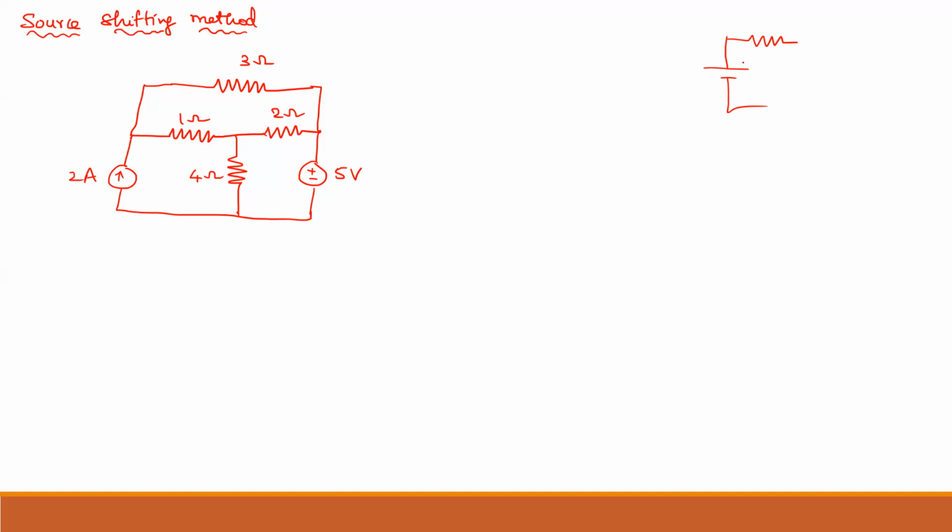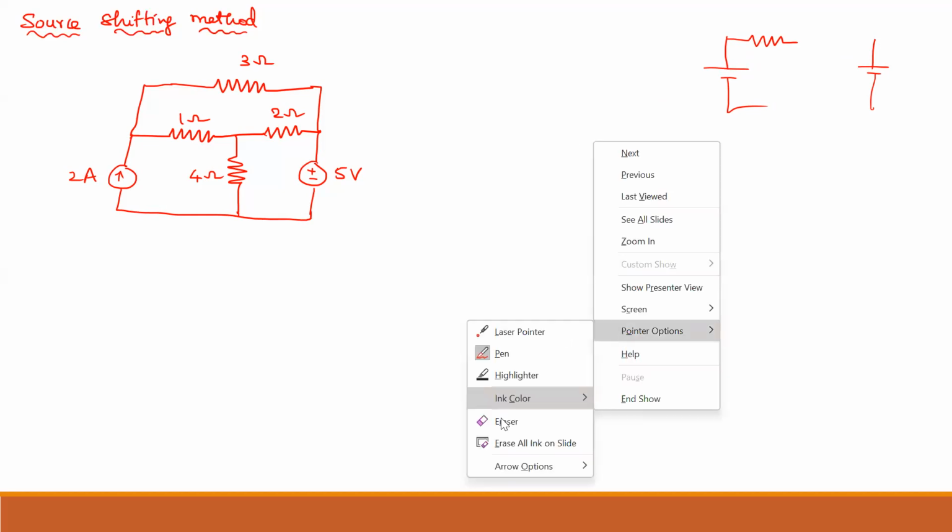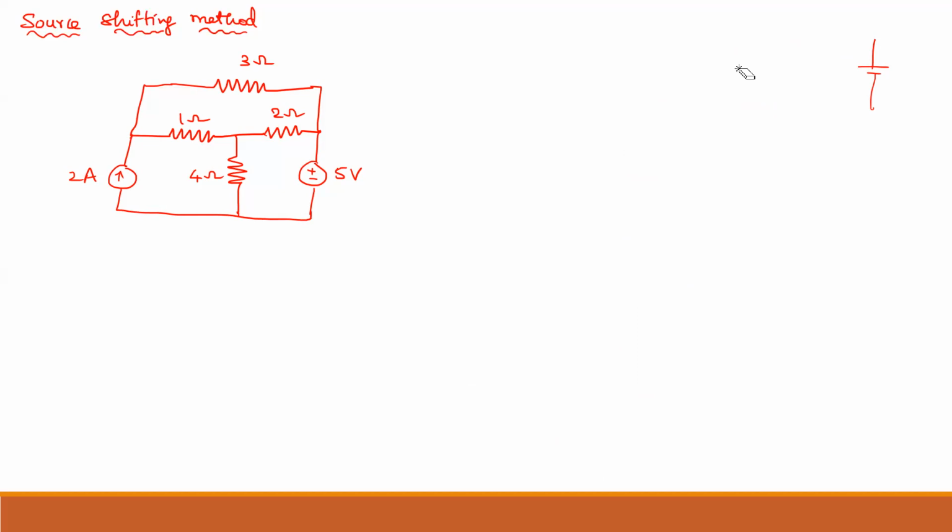Otherwise, if there is no resistance, only the voltage source, we can say it is an ideal source. In this branch, there is no resistance connected in series to the 5 volt, and no resistance connected in parallel to the 2 ampere. So I first have to convert them to practical sources.